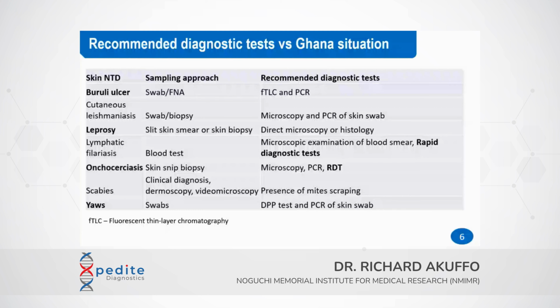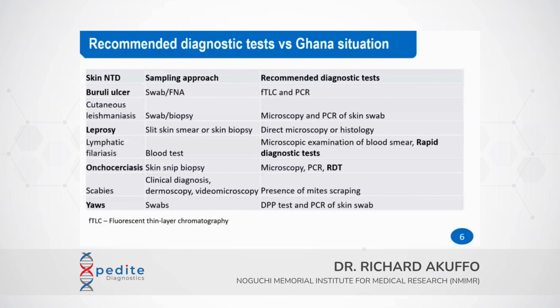Routinely, we are not yet doing this test at the point of care. There are discussions to move to the use of microscopy at the point of care whilst we continue to do PCR at the research level. But that is not currently happening yet, and so we are working towards that.